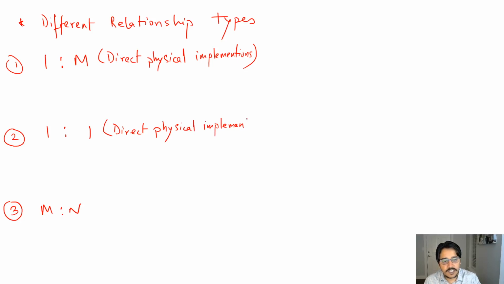Remember, all of these topics that we're discussing right now, yes, it will go into the design, but that design needs to be converted into an implementation. So when we say it has a direct physical implementation, that means that there is a straightforward way of projecting this relationship representation into the software implementation.